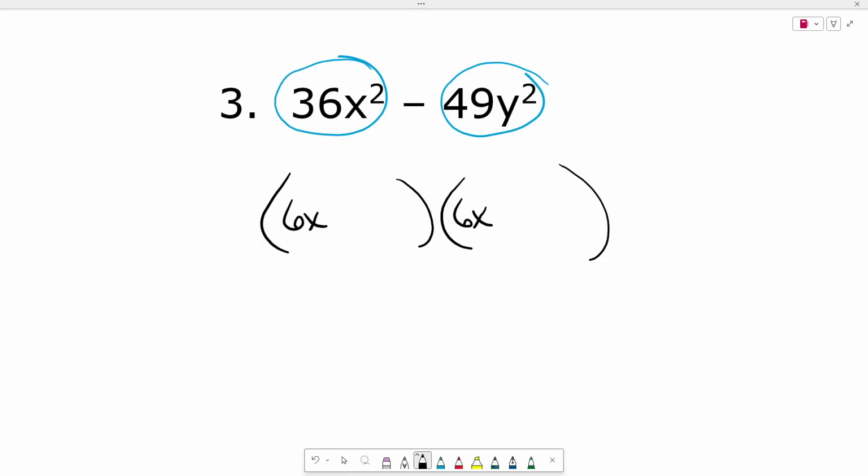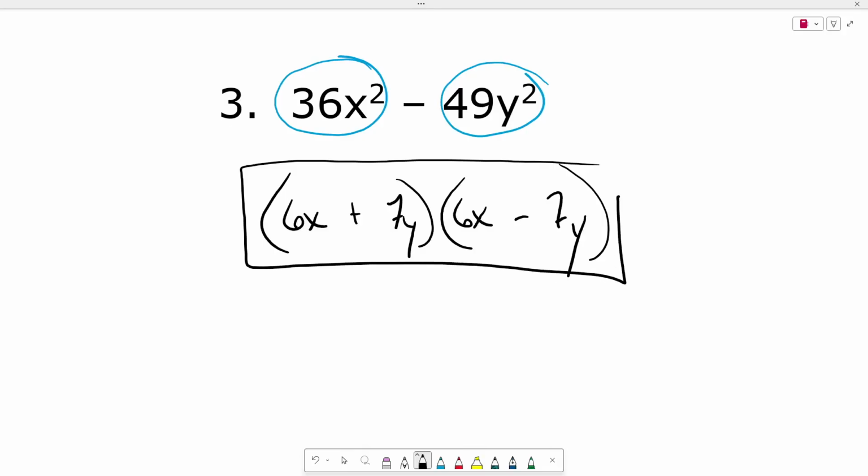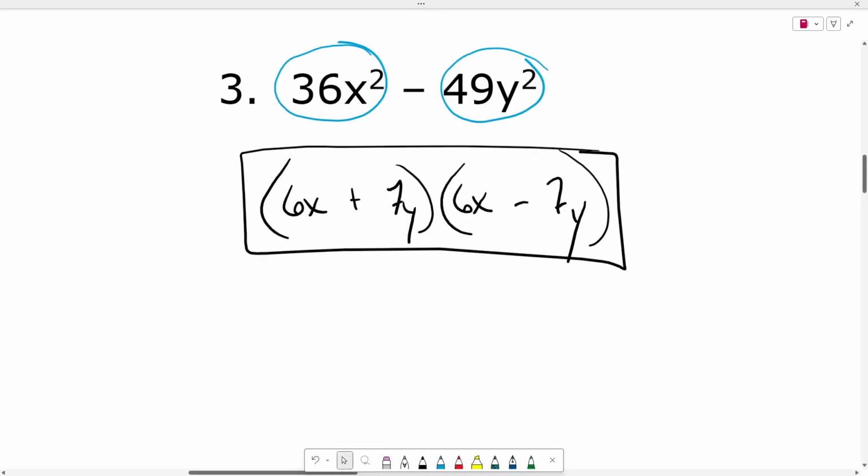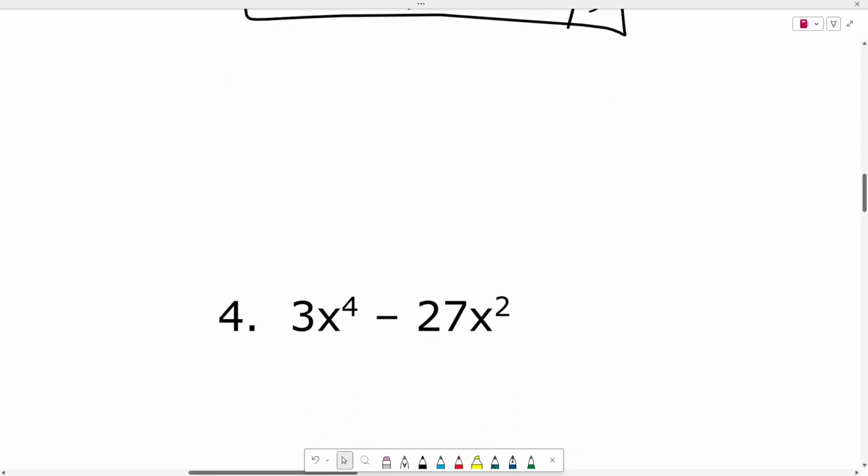The square root of 49y squared is 7y, so I put those on the back side. And again, put a plus and a minus. And that has now been factored. At any time, you can always check these by going back and using either FOIL or the box method or whatever you choose to multiply, and check and make sure it works.